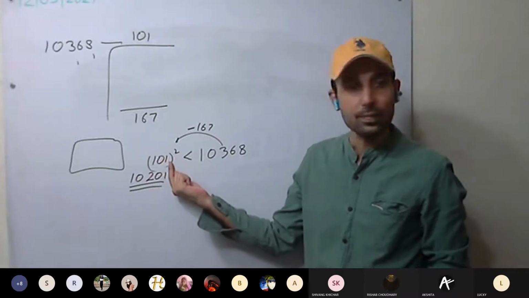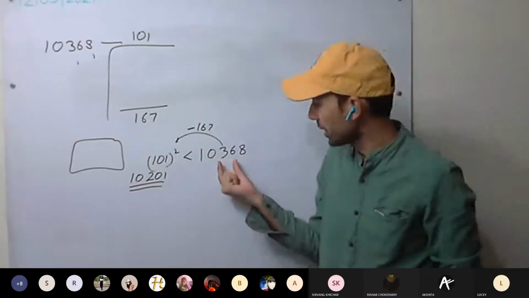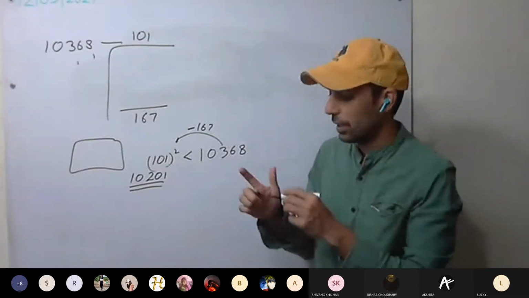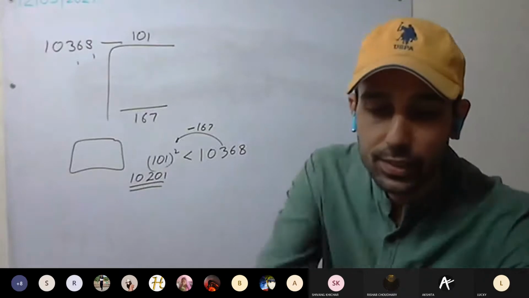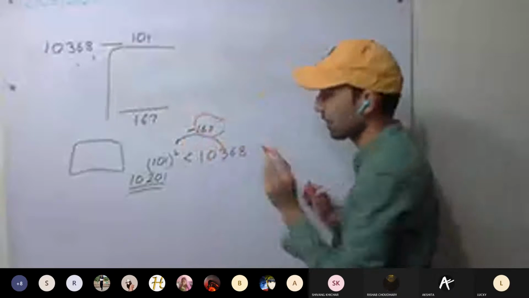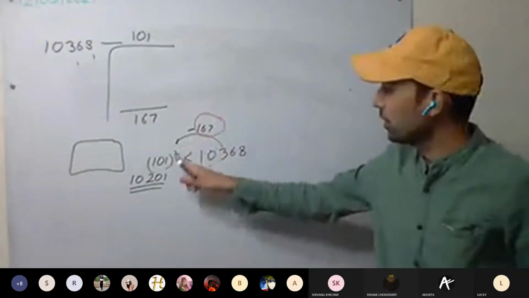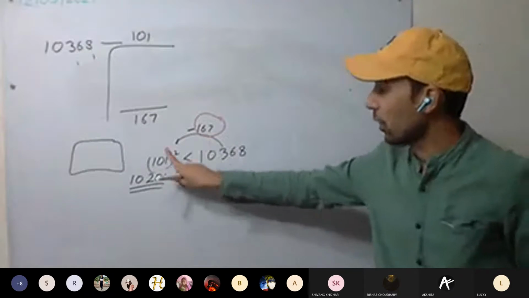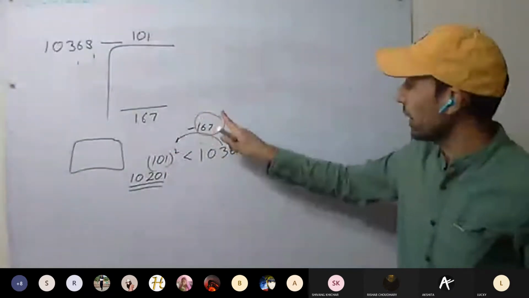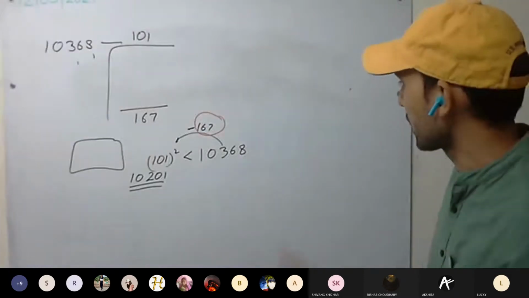So by what number have we decreased 10368? We have decreased this number by 167, and we have got a perfect square. So our answer will be 167.